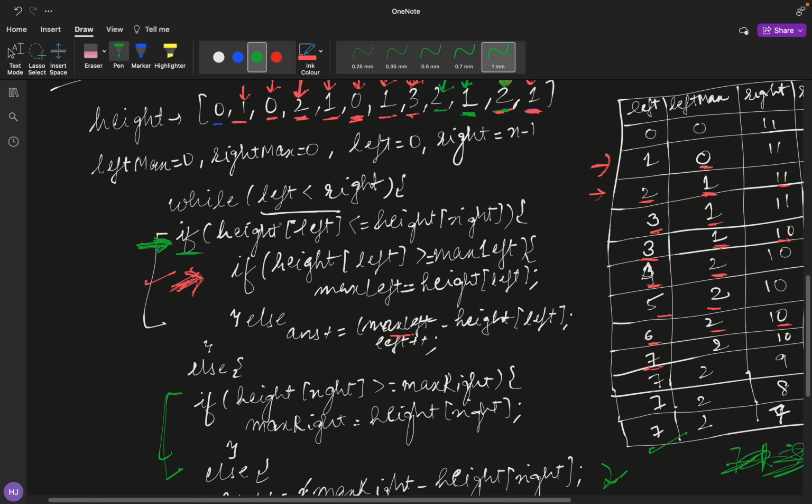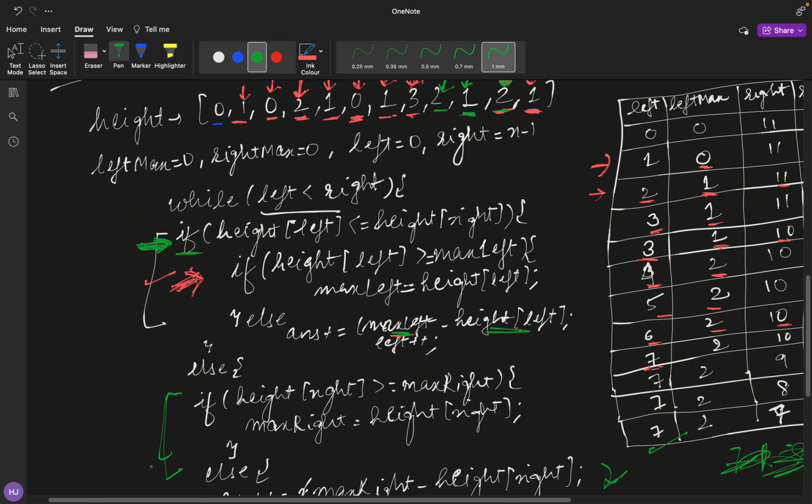It means there are taller buildings in the right. Fair enough. So that's why we can easily subtract our left max from the given height that we have at that point, because in this way our water will get stored automatically. That's the intent behind it.